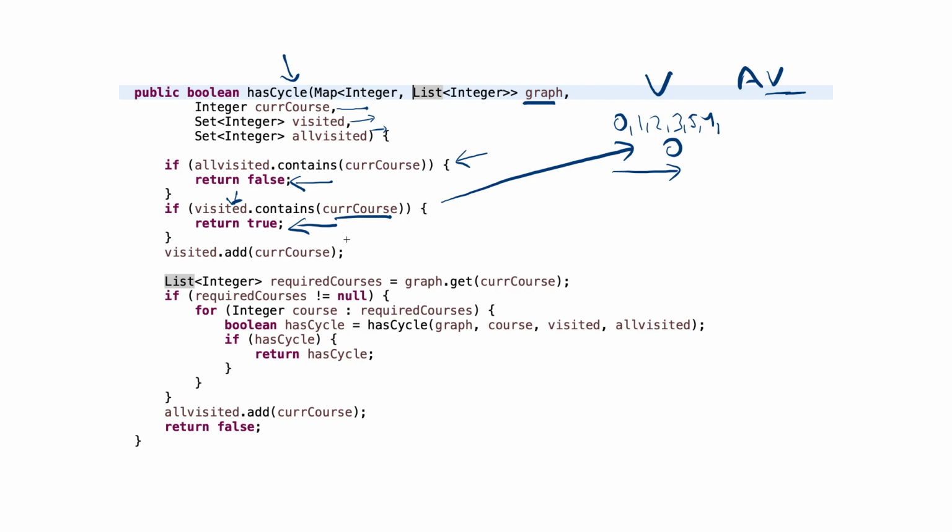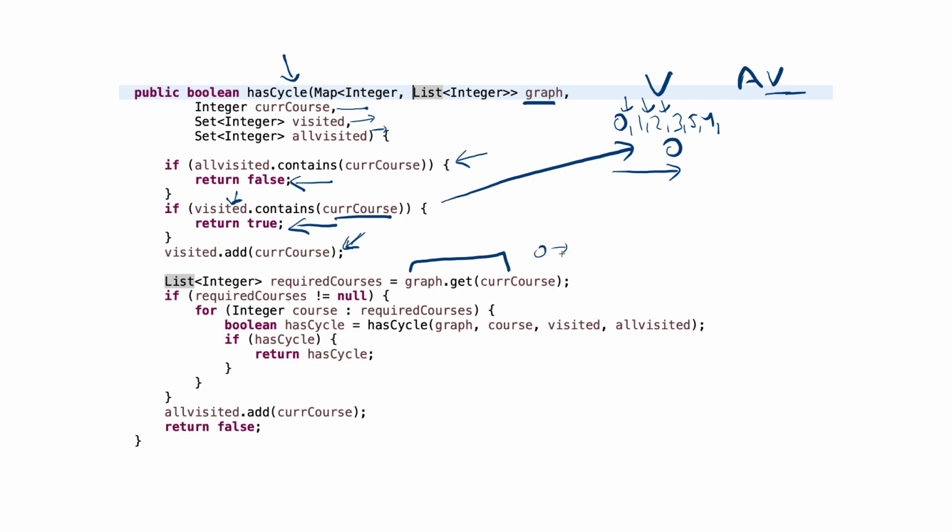Now coming to this part, as we discussed, for whatever course we are checking the dependencies, we keep on adding them to the visited set. So that part is happening here, where we are adding the courses to this visited set, and once we have added it to a set, we want to check its dependencies, and there we get the values.